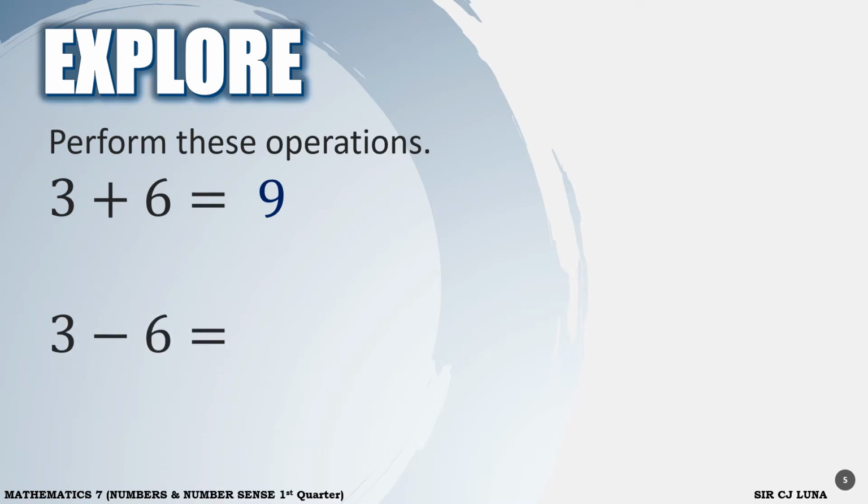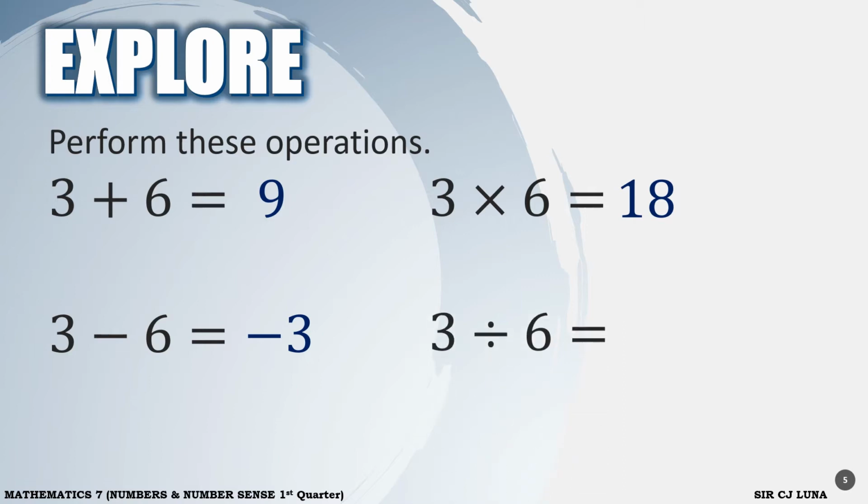How about 3 minus 6? Good job. Next is 3 times 6. What's the answer? Okay, nice. And lastly, we have 3 divided by 6. Okay, your answer is right.